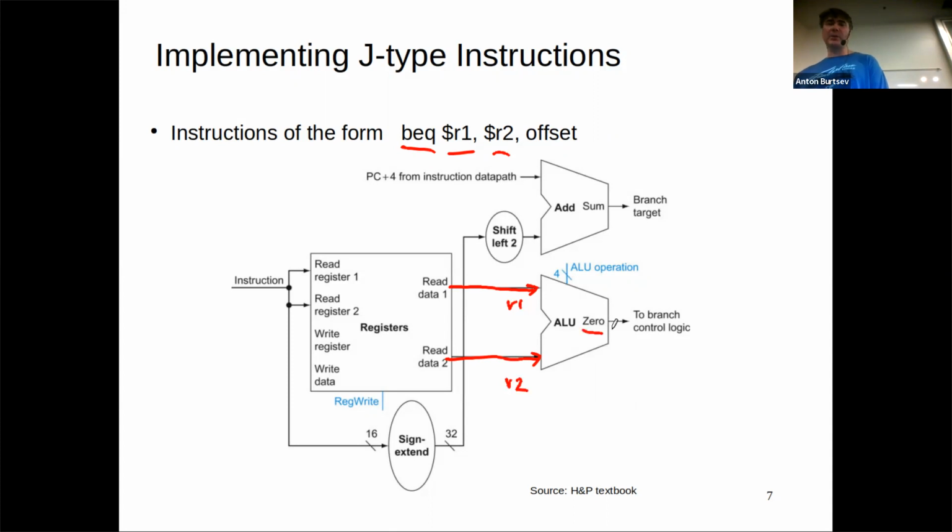This will only care about whether the result is 0 or not. Remember, our ALU separately checks whether it's 0. We had this giant OR gate at the very exit of the ALU, which we inverted here. If any of the bits is 1, then this one is 1 and this one is 0. If all of them are zeros, then this one is 0 and this one is 1.